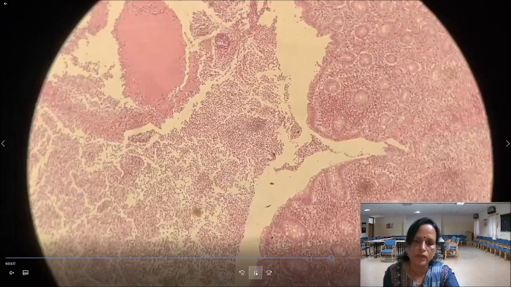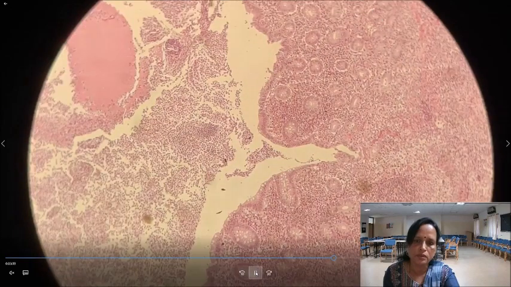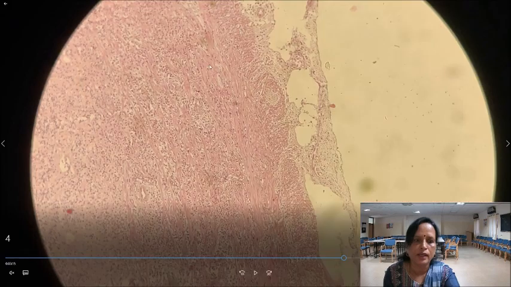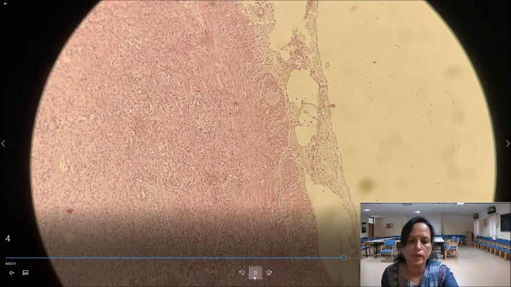I've taken enough time to show you again and again the classical morphological microscopic feature of acute appendicitis. So serosa, the muscularis layer. See how the inner circular muscle, how it is separated by the inflammation, edema and all that. That's why it appears swollen.